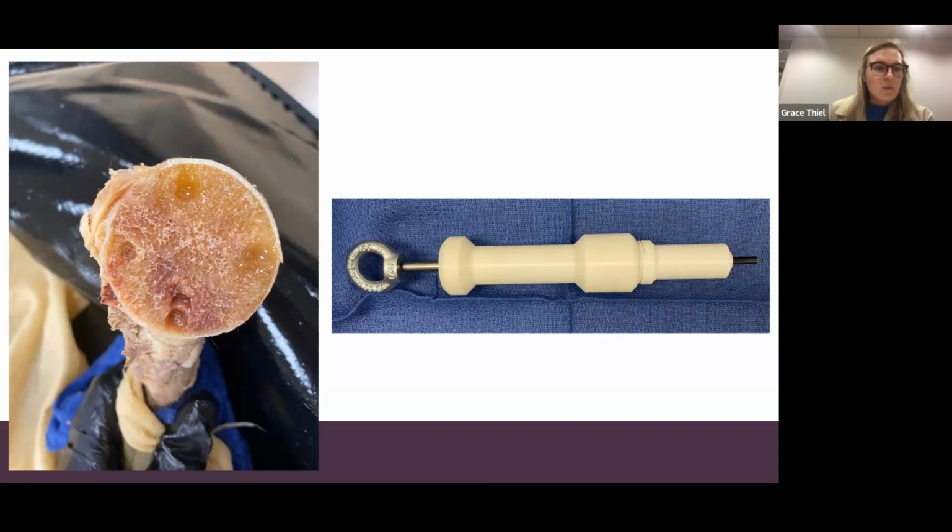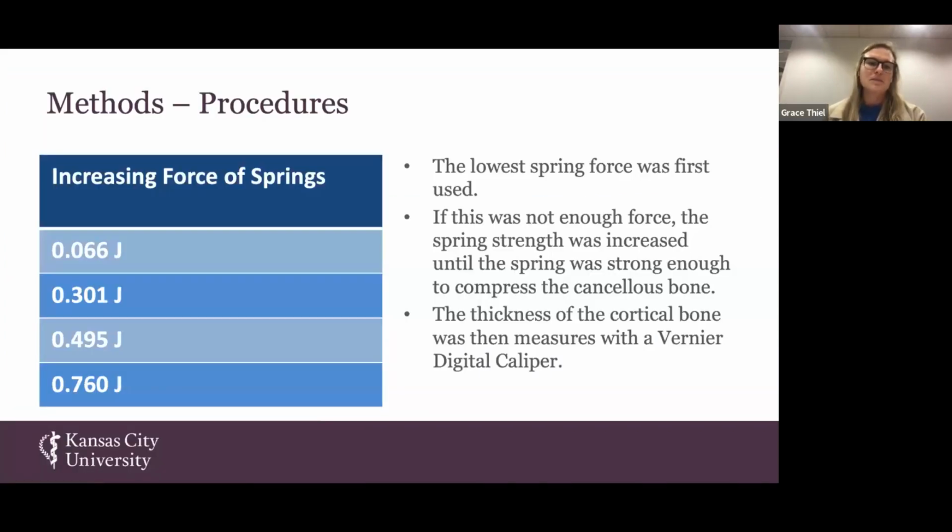So we're working our way to the cortical rim, and you can visualize the cortical rim more clearly up here, but we did not go off of the visual changes. We went off of where the indentation probe could no longer make an indent in the bone itself. And we measured that with a caliper. So here are the forces of the springs that we used. And like I previously mentioned, we worked our way up in force as needed for testing purposes, depending on the donor.